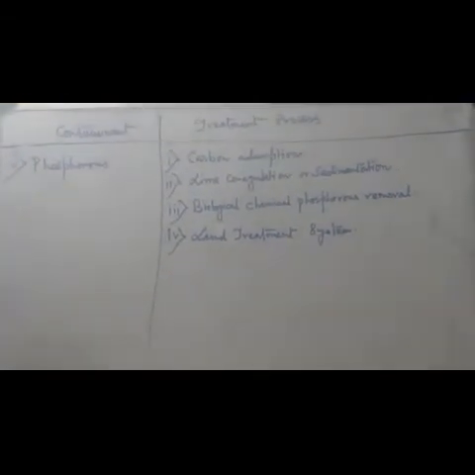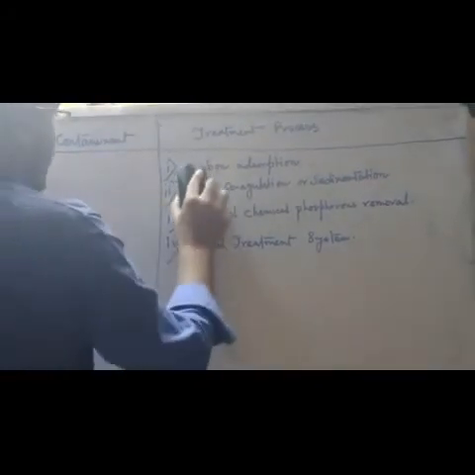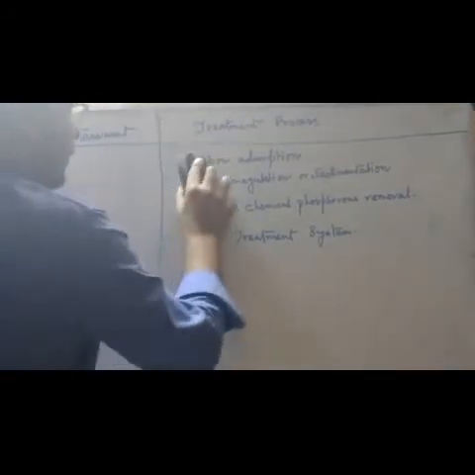Now come to our next contaminant, that is refractory organics. So please write down the next contaminant, refractory organics. This is number 6.